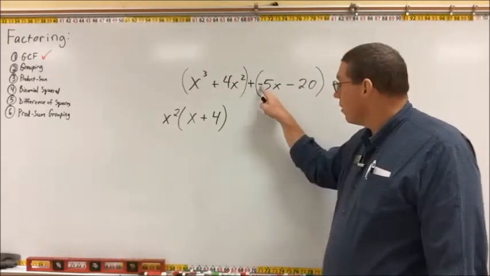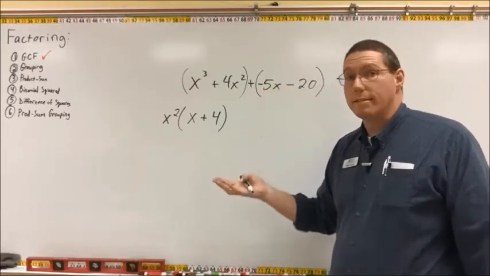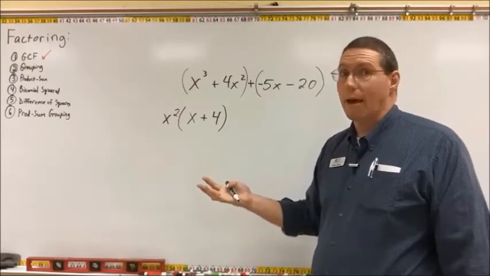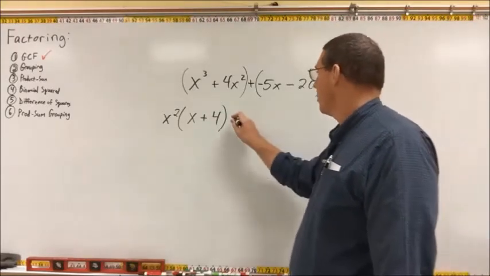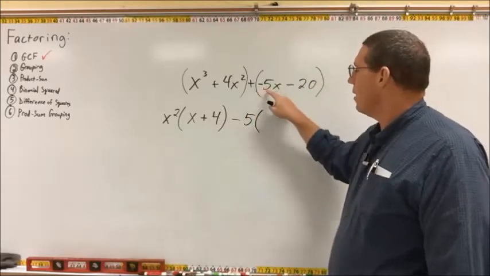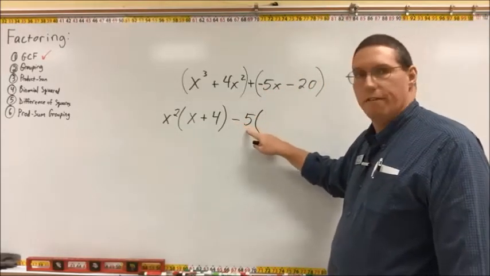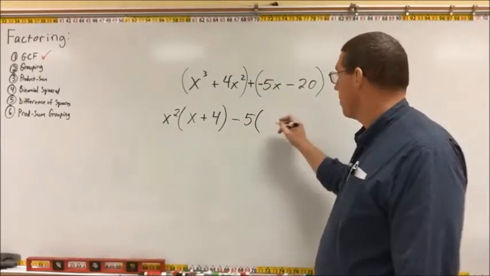And the lead coefficient for this expression is negative. So we're going to take out a negative 5 instead of a positive 5. So we're going to go minus 5 and then open our parentheses. What is negative 5x divided by negative 5? Well, the negative 5 is going to cancel and just leave the x. Okay?